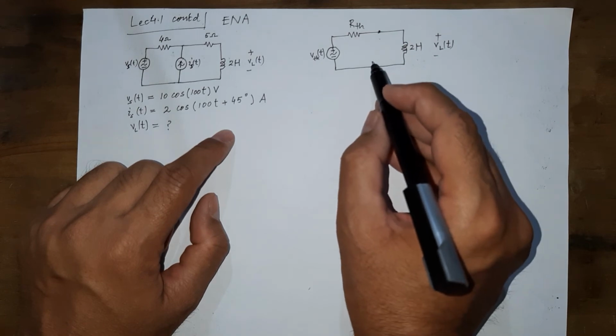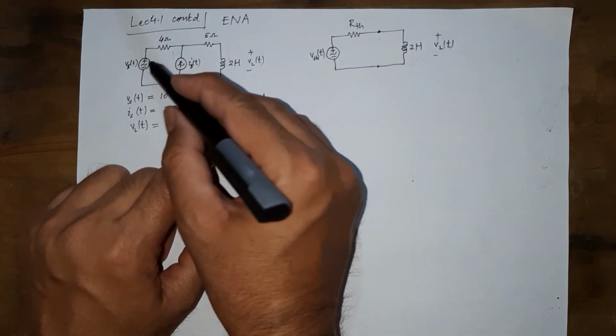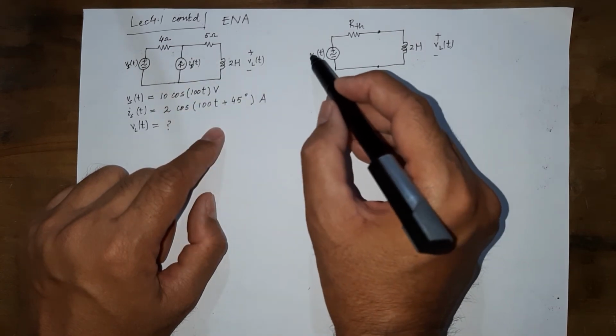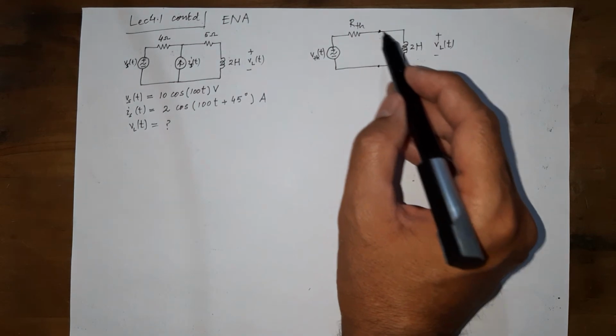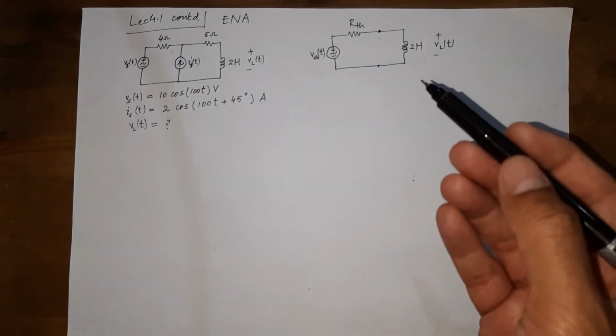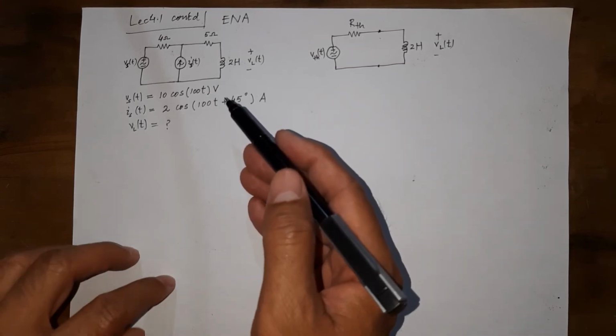Had these been a DC voltage source and a DC current source, we would get a DC voltage source here with a resistance, and then we would have obtained that normal RL circuit, and we can apply its concepts.